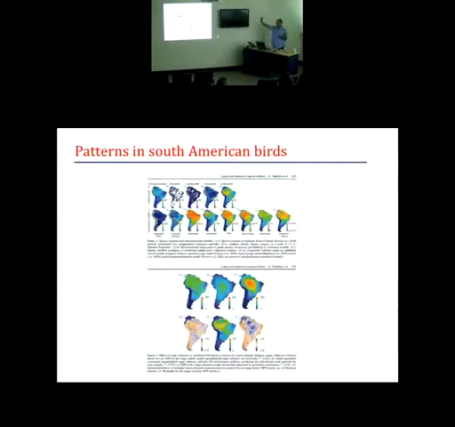Rahbek et al. in 2007 built these models for South American birds, and they used a combination of range cohesion and range scatter models combined with rainfall, temperature, and a bunch of combination variables, and found that some of the range cohesion models describe the empirical species richness patterns best.